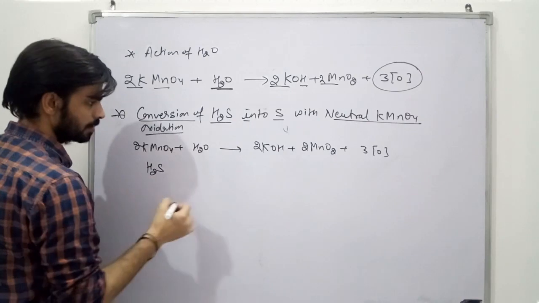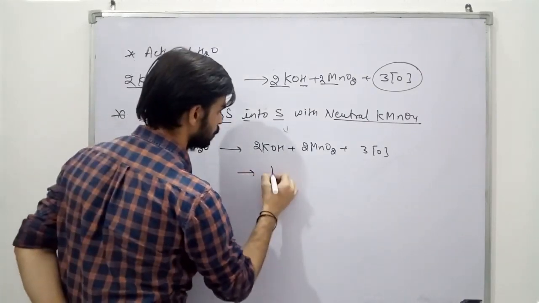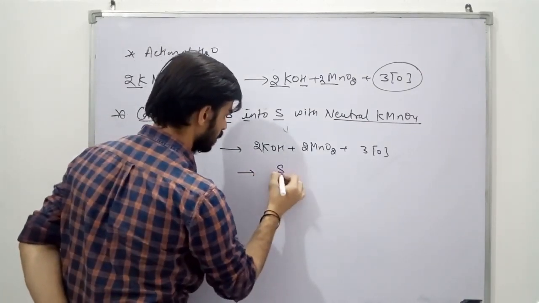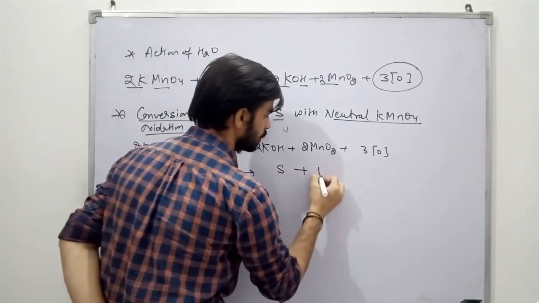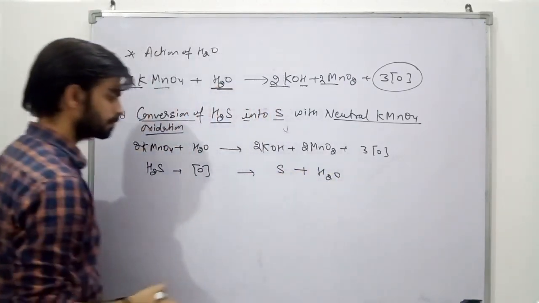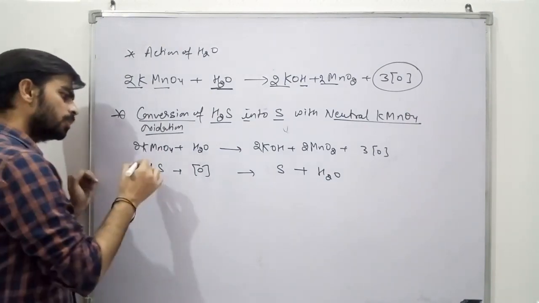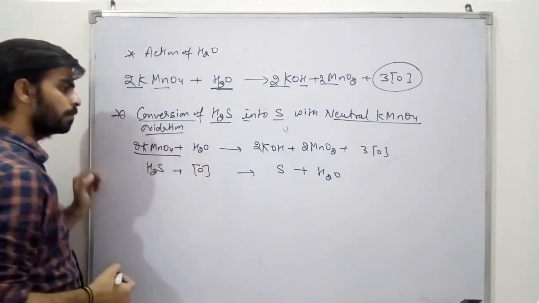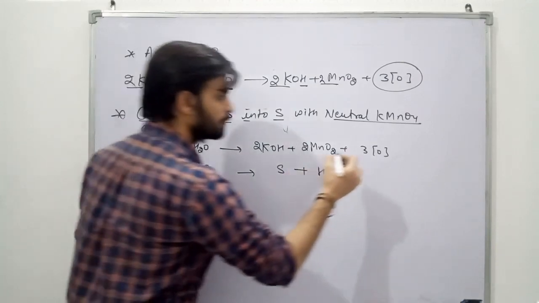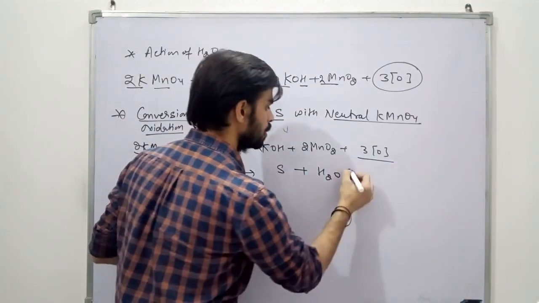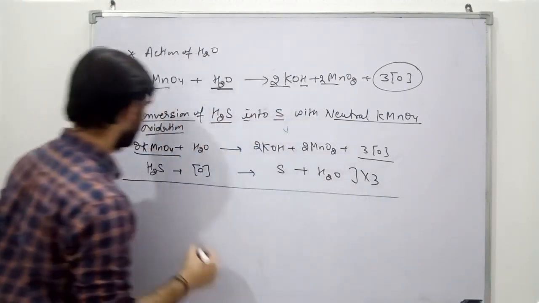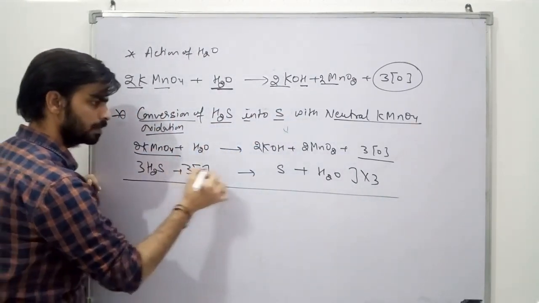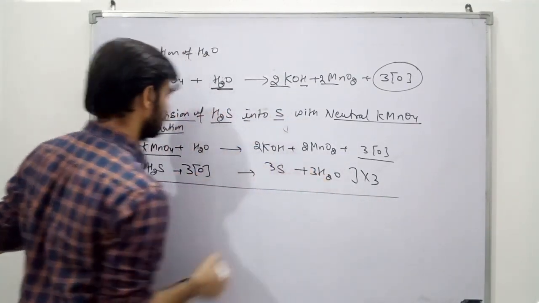Now H2S is converted into the sulfur. Now nascent oxygen converts to H2O. As we know that 2 molecules of KMnO4 give 3 moles of nascent oxygen, so we have to multiply this equation by 3 and we find that 3, 3, 3 and 3.